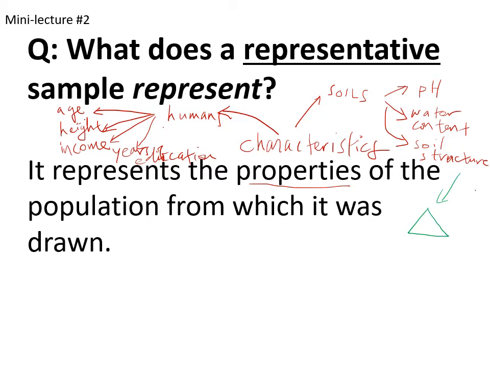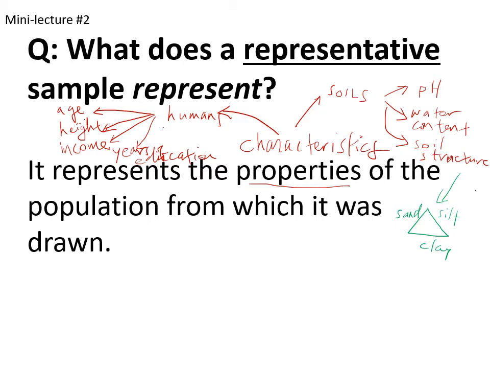So let's pretend this is silt, clay and sand. I believe those are the components that go into soil. And this goes from, say, 0 to 100, 0 to 100, 0 to 100. So this technically gives you 3 different numbers. But what all of these have in common is that they're numerical data.